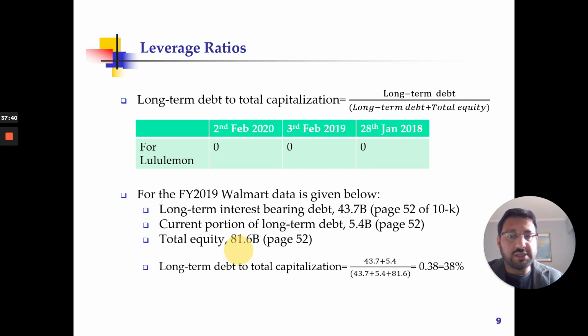And the total equity is 81.6. So it means 38% of the total capitalization. For every dollar of the total capitalization, 38 cents are financed by the interest-bearing long-term debt.